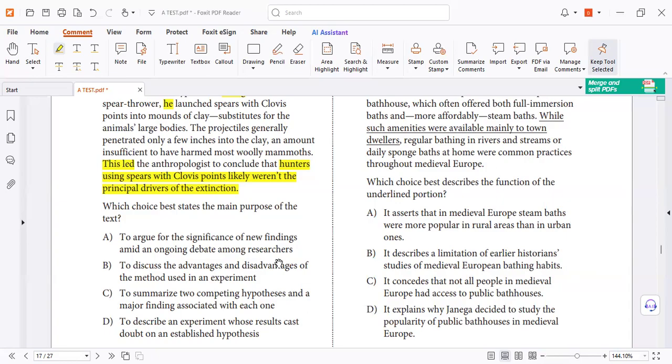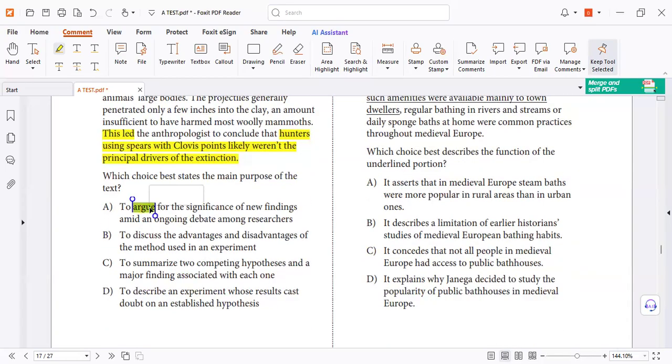Letter A. Letter A, wrong. You said to argue. You know argue. Significance. Often you find it. It's also text about, then that, it's letter D. So letter D is to describe an experiment.